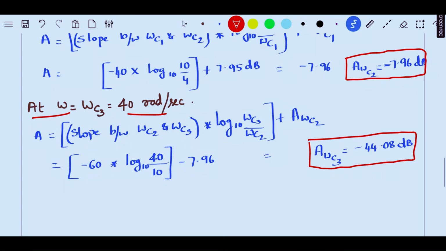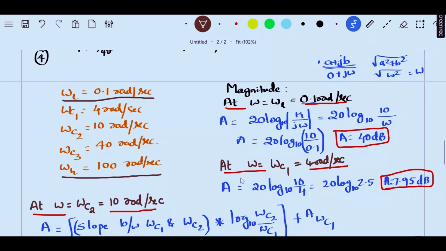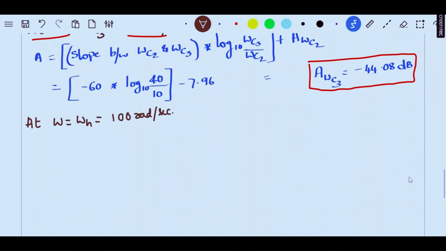Finally, now what we'll do is at omega equals omega H, and we have assumed omega H to be equal to 100 radians per second. So if you see here, omega H was assumed to be 100 radians per second. So therefore, the slope between omega C3 and omega H is minus 40. So let us remember that.